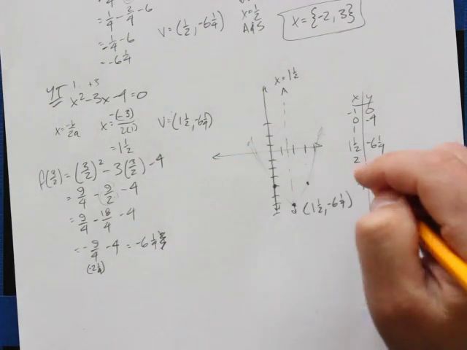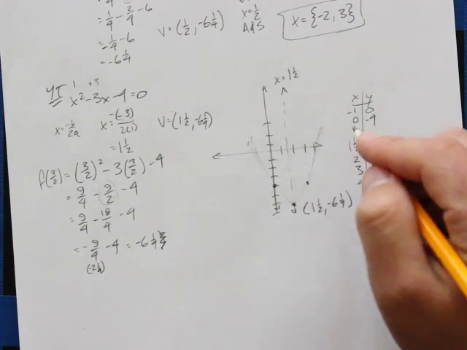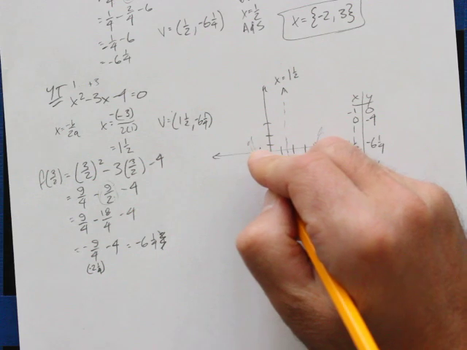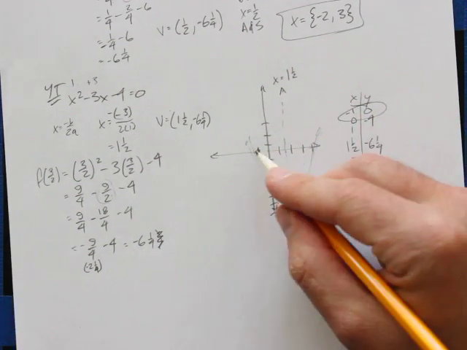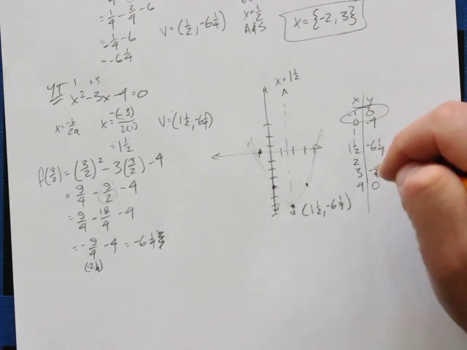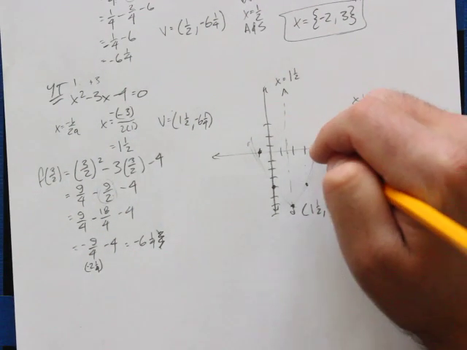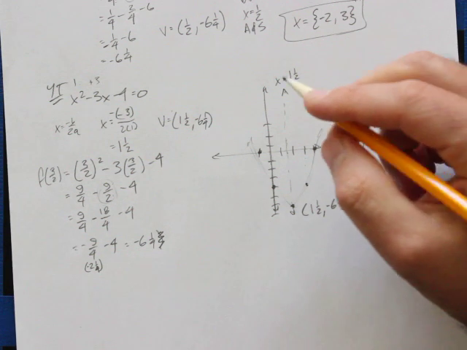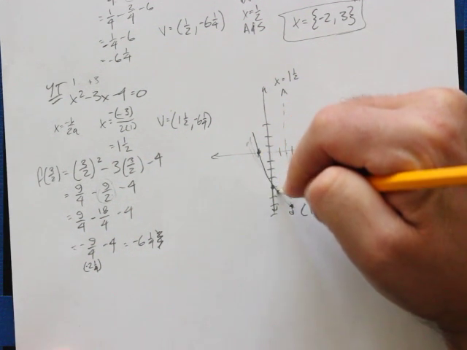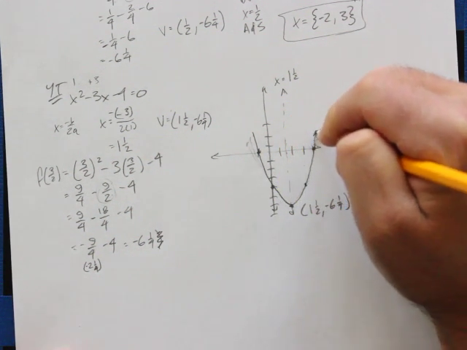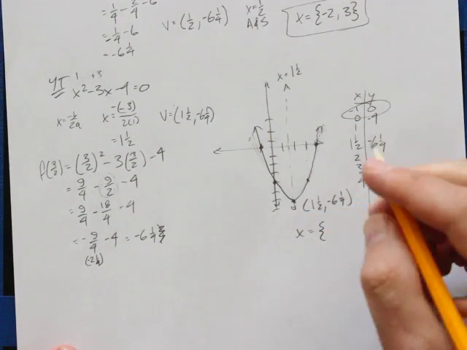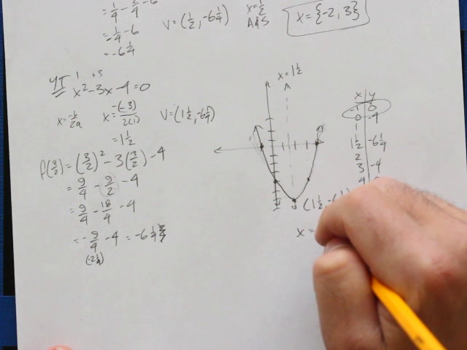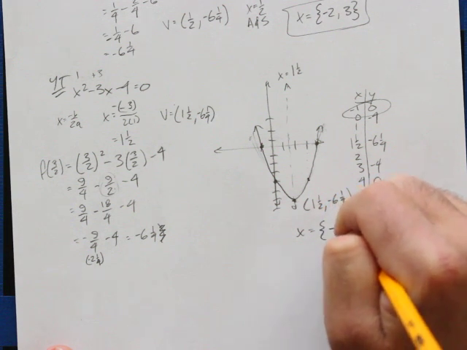If I plug 4 in there, I'm going to get 0 as well. So negative 1, 0 is a point where we cross the x-axis, and also 4, 0 is the point where we cross the x-axis. There's my parabola, and my solution is x equals negative 1 and 4.